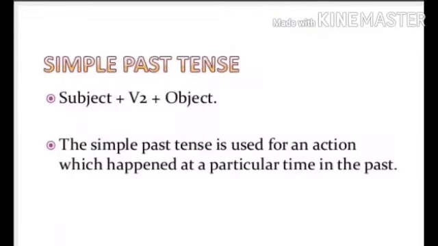Simple past tense refers to an action that was completed before the moment of speaking. So, in this way, we can say the simple past tense is used to talk about a habitual action in the past.